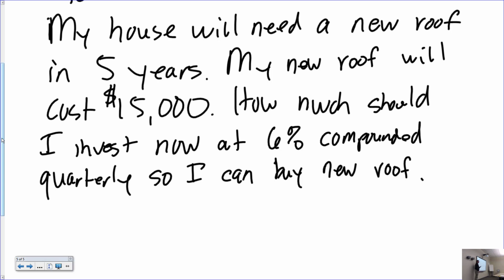I'd rather not pay interest to buy the roof. I'd rather earn interest to pay for the roof. Novel idea, right? So take some of that windfall and invest it into the new roof. So this, folks, is a classic problem where they're telling you how much you need in a certain number of years, and you're asked to go not into the future, but from the future back to the present.